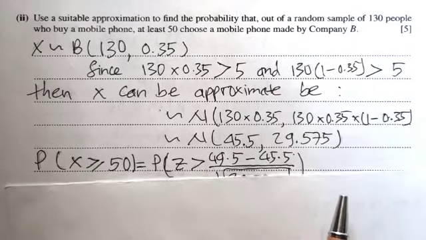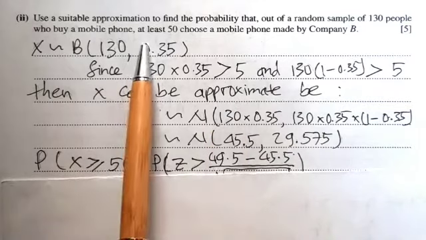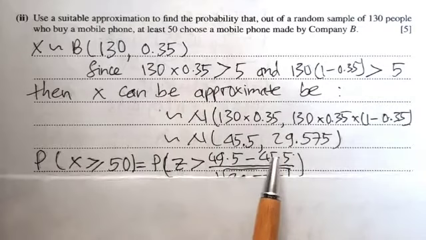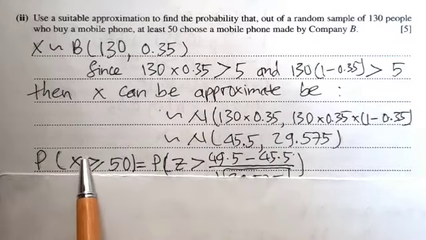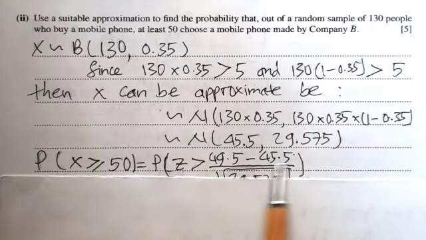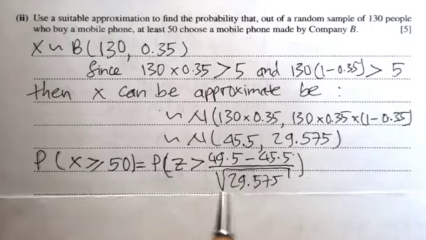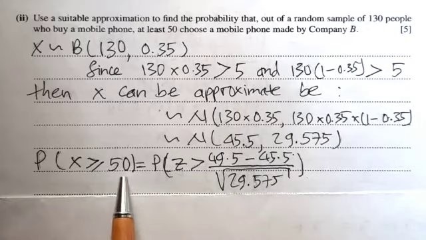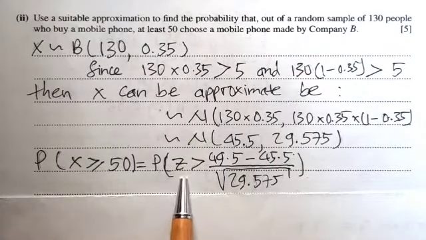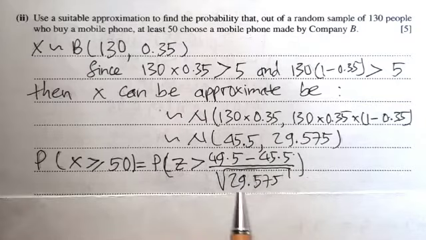Now, at least 50 means the probability of X greater than or equal to 50. We standardize, and we use a continuity correction here because this is discrete and we are using the normal distribution.